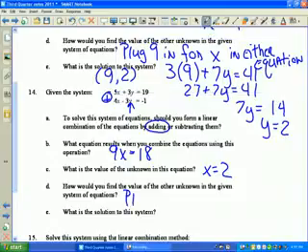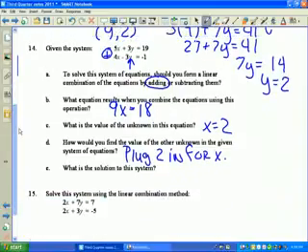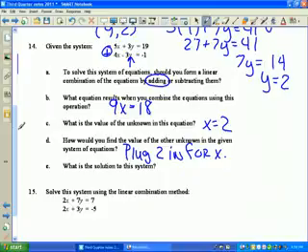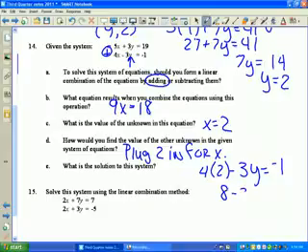We're going to plug 2 in for x. Picking an equation, let's go with the first one. So I have 4 times 2 minus 3y equals negative 1. 4 times 2 is 8. 8 minus 3y equals negative 1.